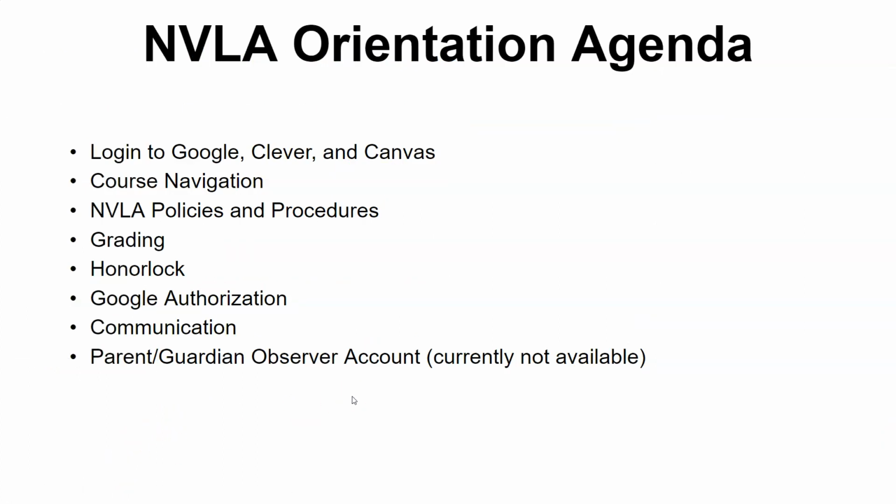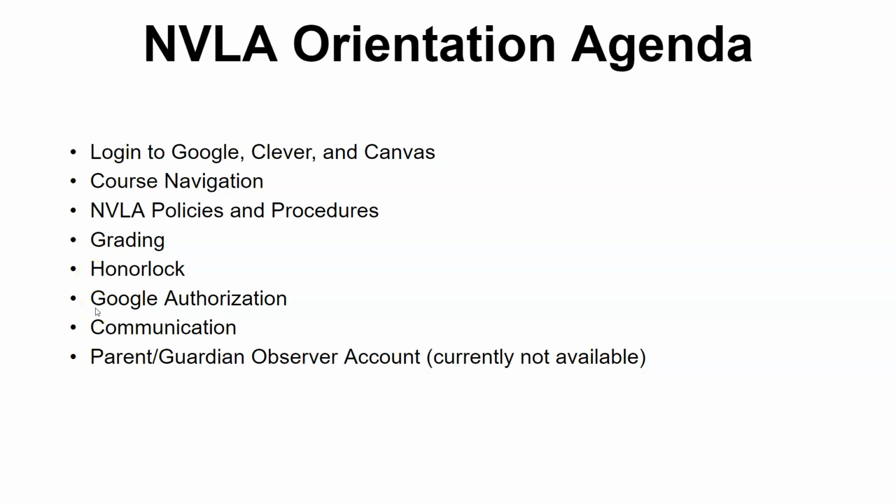For this orientation, we're going to be talking about how to log into Google, into Clever, and into Canvas, where you'll be working on your courses. Once in Canvas, we're going to talk about our course navigation, how to get into those courses and work in them. We're going to be talking about some NVLA policies and procedures, along with grading and Honorlock.